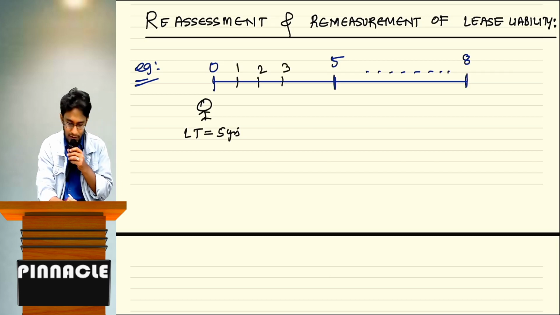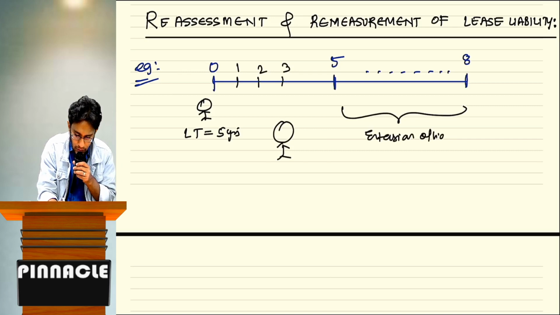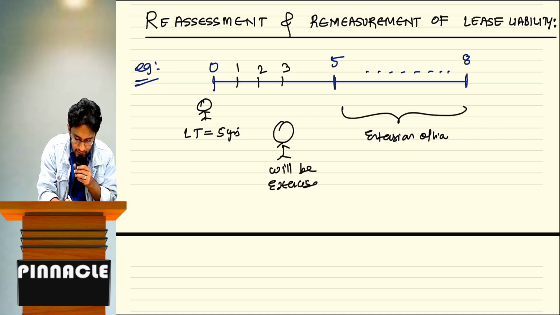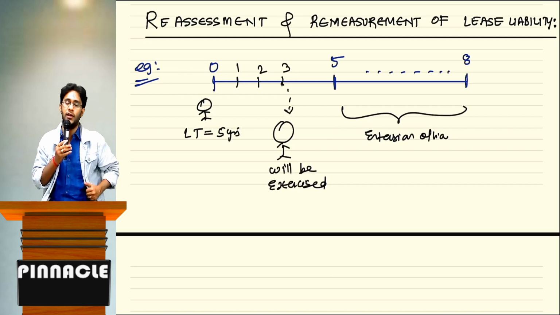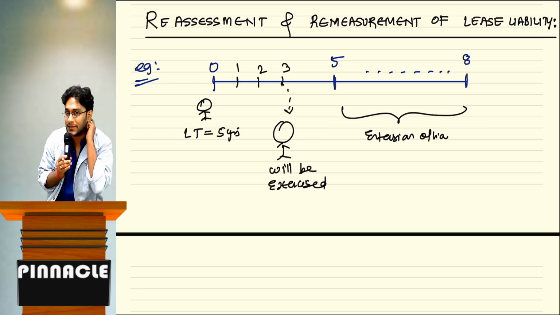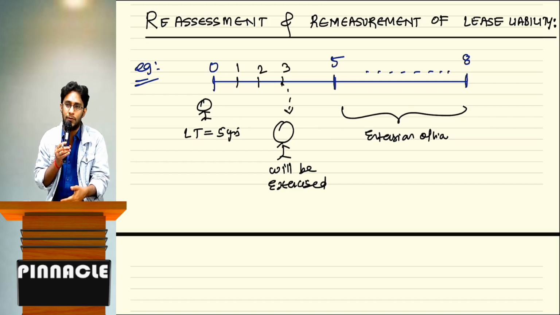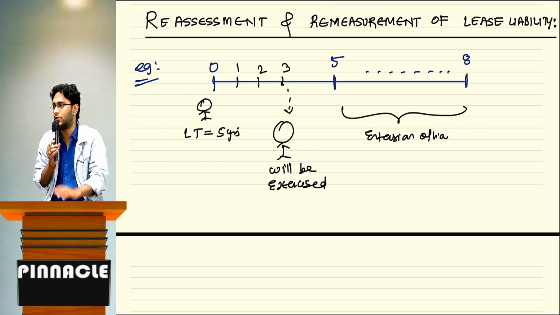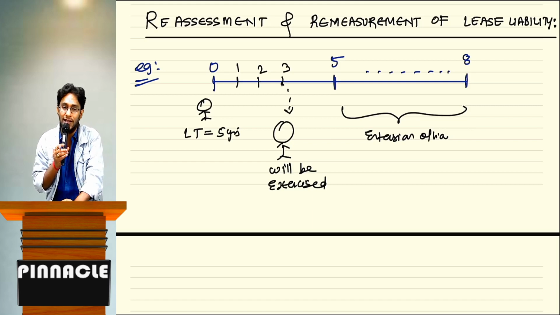In the 4th year, standing here, I feel that the extension option will be exercised. And when are you saying this? Standing at the end of year 3. But the lease liability you already created in your books represented your payments only up to 5 years. But actually it should represent up to 8 years. So the existing lease liability is wrong, sir. You have to remeasure it now.